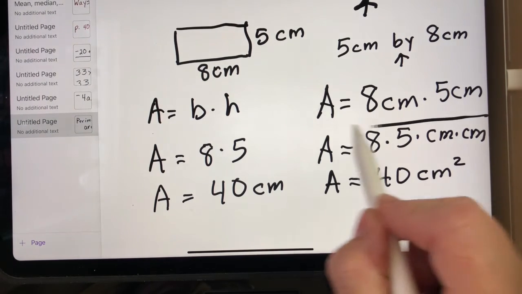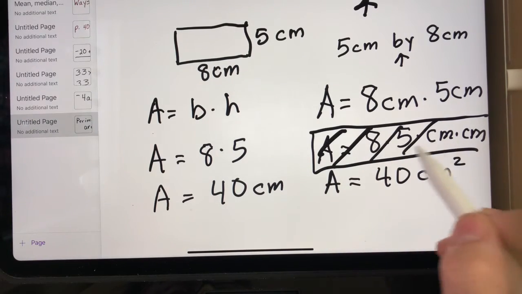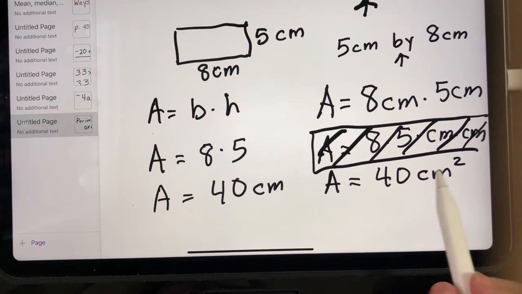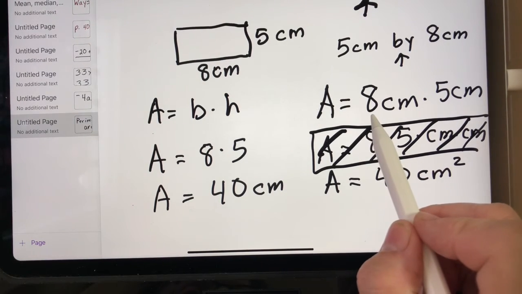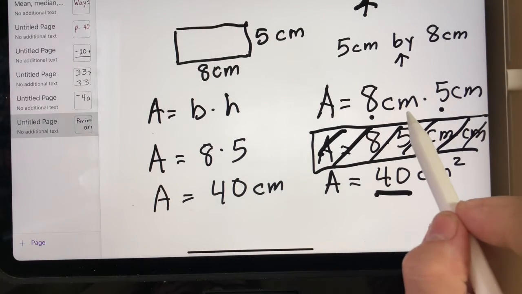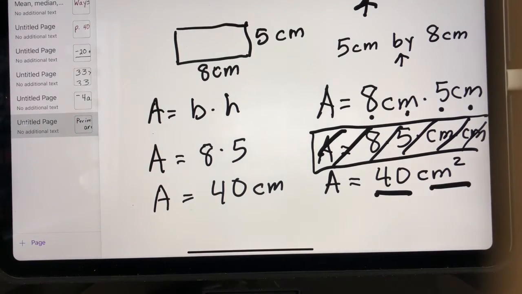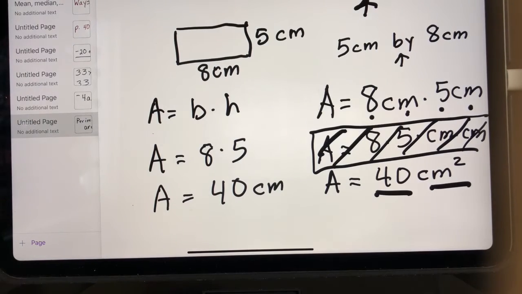Now, I am not going to require that you write that step, but you do need to think it in your head. You can just multiply your 2 numbers first and get your 40, and then multiply your units and get your square centimeters or centimeters squared. So Fletcher, if you are not putting that centimeter in all the way through the problem, it would not be right. Does that make sense to everybody?